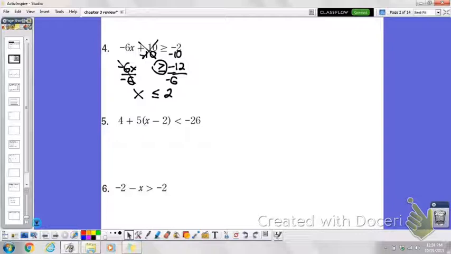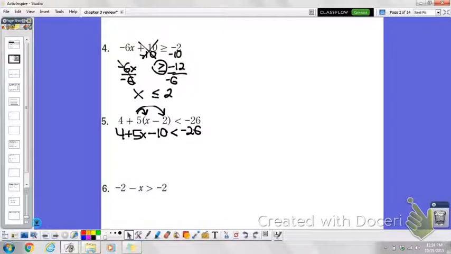Number 5, we have 4 plus 5 times the quantity of x minus 2 is less than negative 26. First thing I need to do is distribute my 5 to x, giving me a 5x, and the 5 to the negative 2, giving me negative 10. Nothing happens to the 4, so I have 4 plus 5x minus 10 is less than negative 26.